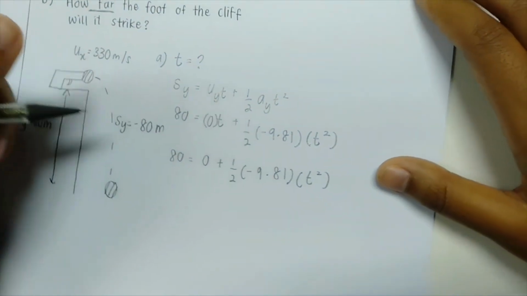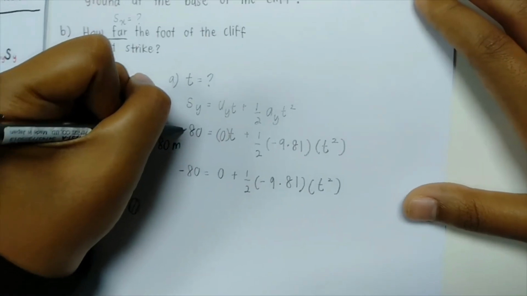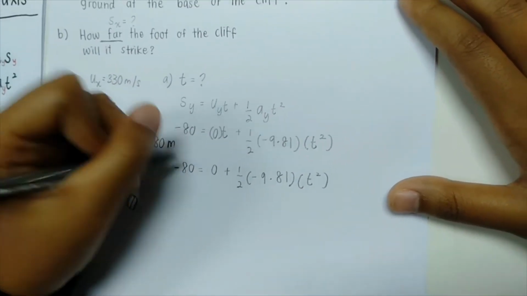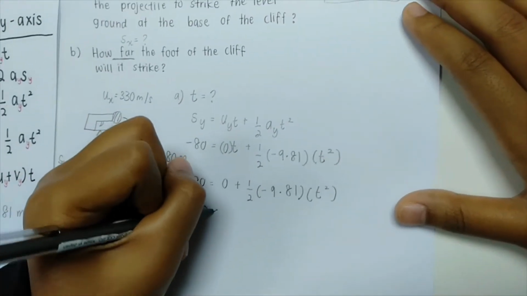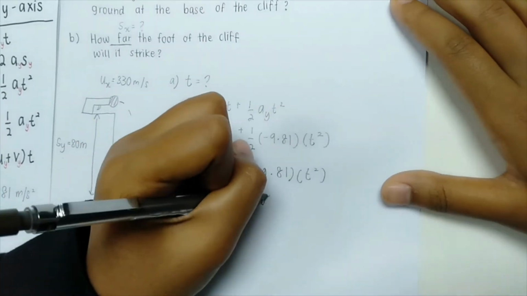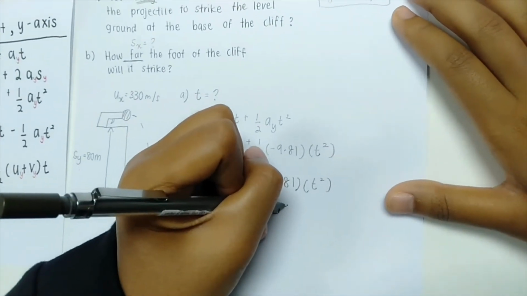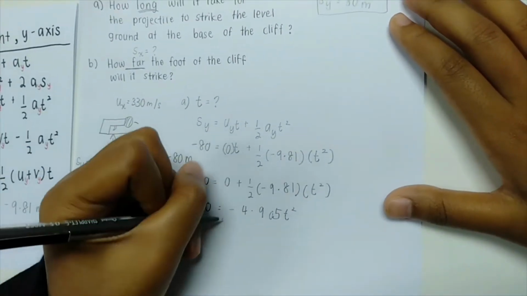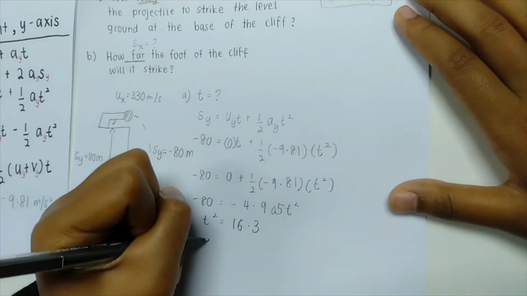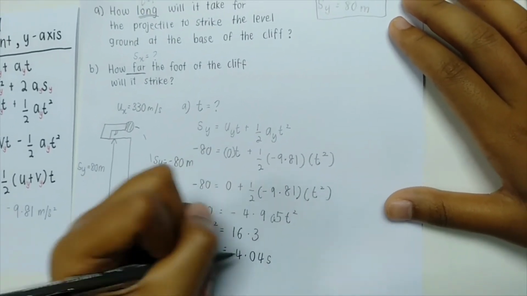So now this is my correction. This is negative 80, so negative 80 equals negative 4.905 t squared. t squared equals 16.3 seconds squared, so t equals 4.04 seconds.